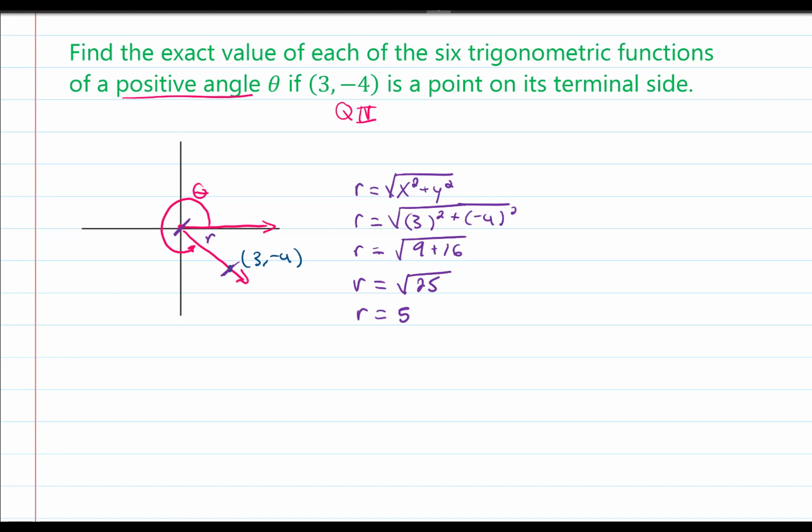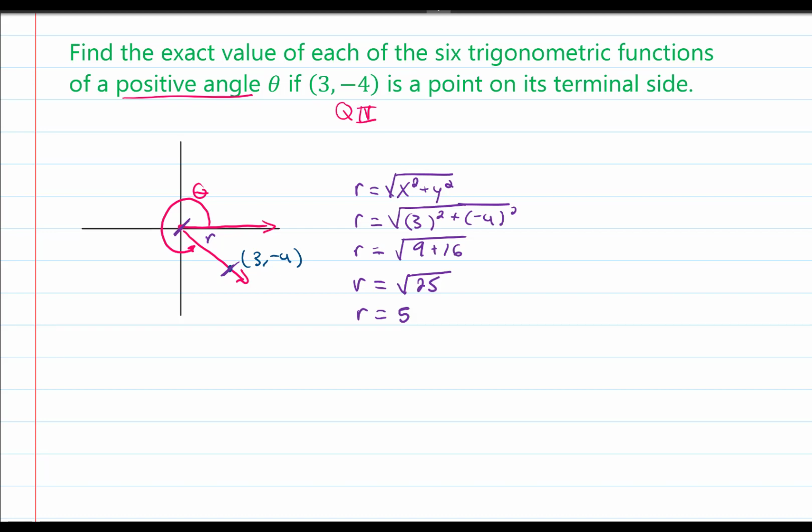Now, let's talk about what you could get for r and what you won't get. In this case, I got an integer. You could get an irrational number, meaning a value that is not an integer. It could be in terms of a radical, like, for example, square root of 20, which would be 2 radical 5. But what you won't get is 0 for r or a negative value for r.